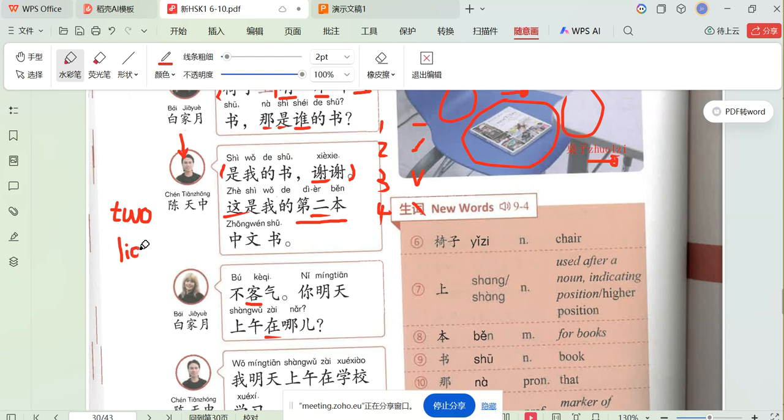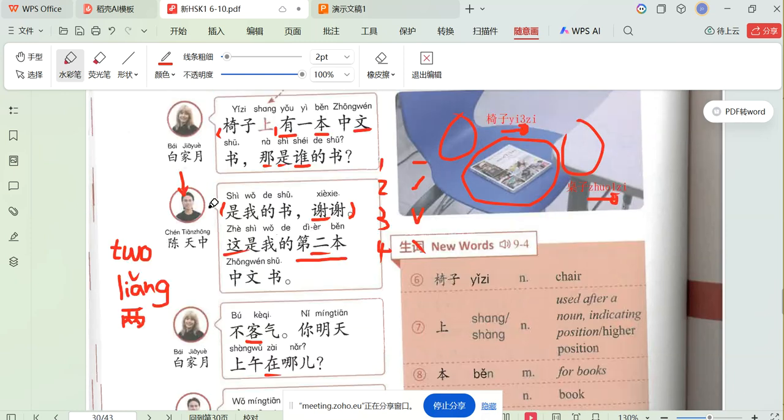If we change the meaning, there are two books on the chair. 椅子上有两... Finish the sentence.